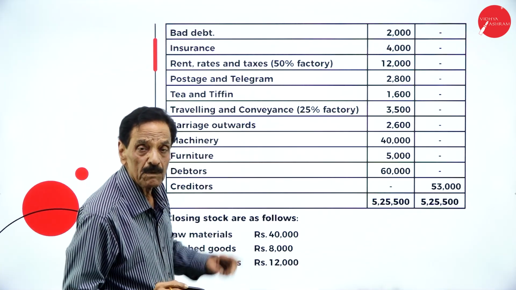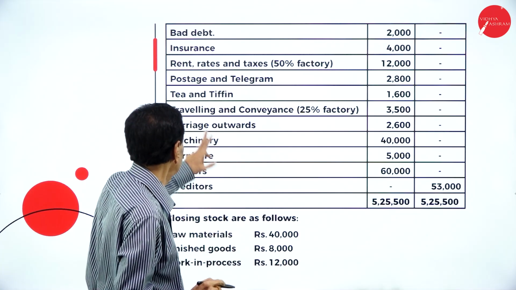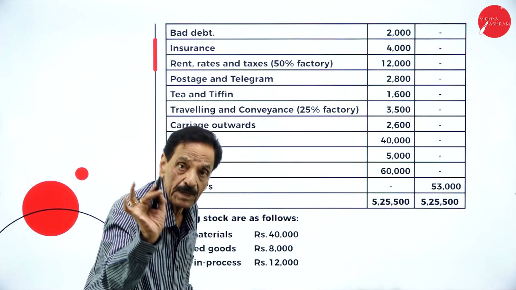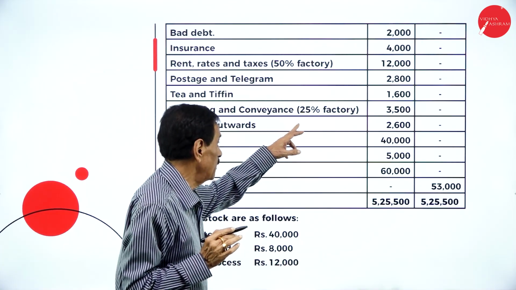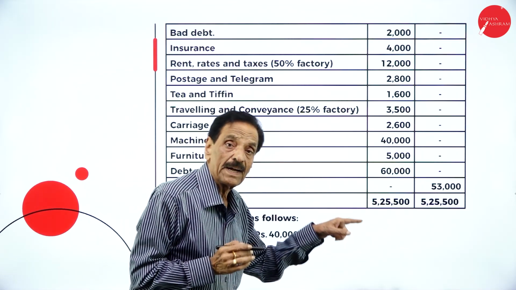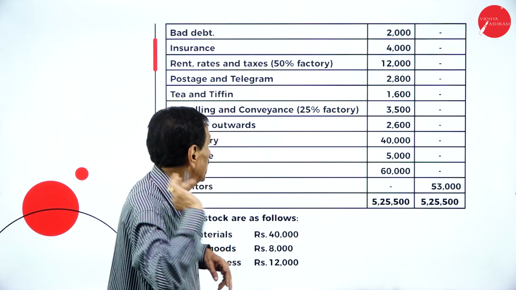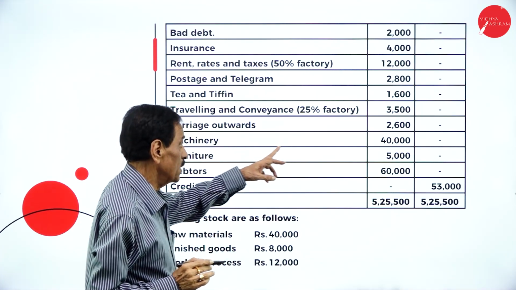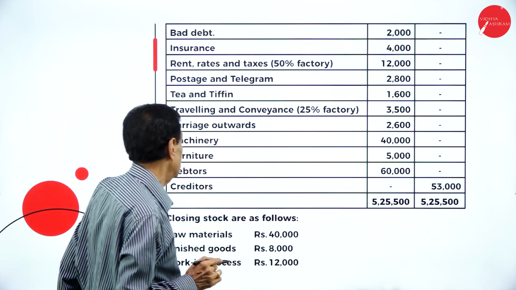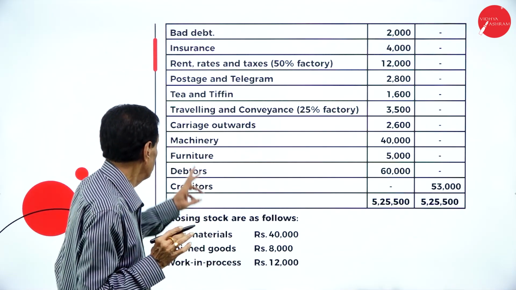Post and telegram go to profit and loss account. Tea and tiffin, profit and loss account. Traveling and conveyance, 25% to factory. The remaining 75% goes to profit and loss account. Carriage outward 2,600, profit and loss account.